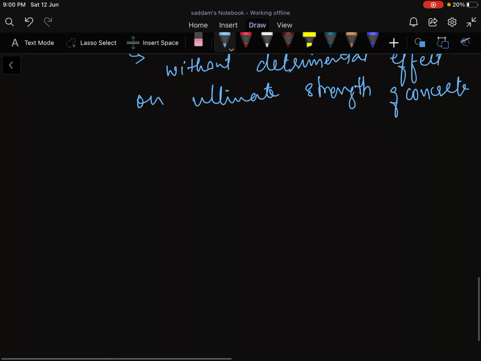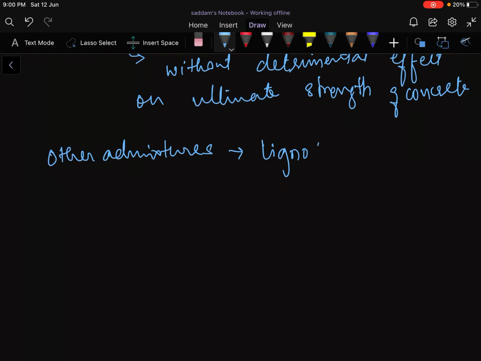Okay, so other admixtures which are used as retarders are lignosulfonic acid and their salts.